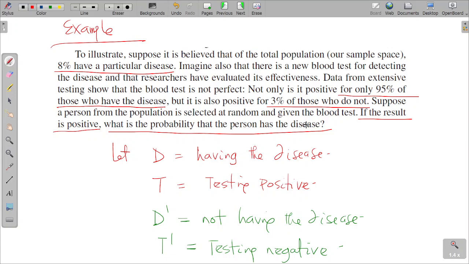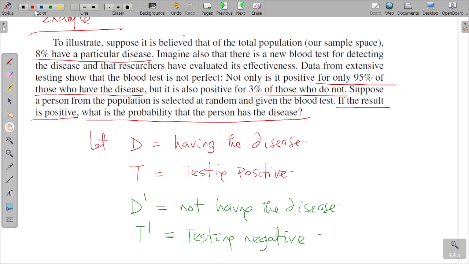So you are looking for the probability of having the disease, given testing positive. So we are finding probability of D given T. That's what we are looking for. Please take note, this is not what we are looking for. This is probability of testing positive given disease. This is what we are looking for from this question.